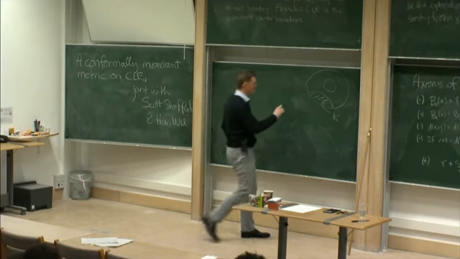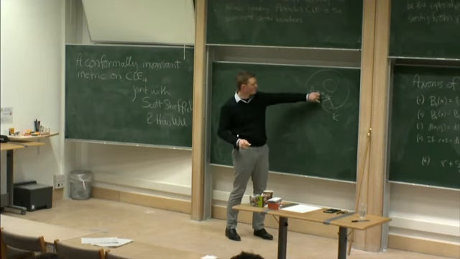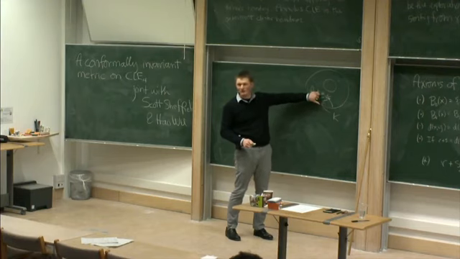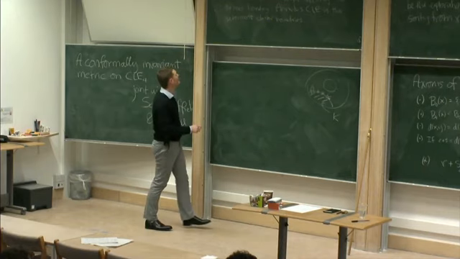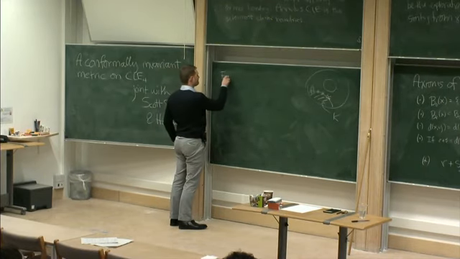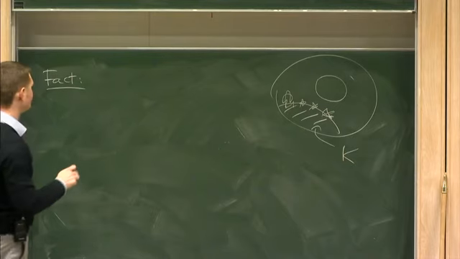And the fact is, for annulus CLE, the law of the set of loops that touch K is absolutely continuous with respect to the law of the loops that touch K for a disk CLE, so if this inner boundary weren't there. Okay, fact.